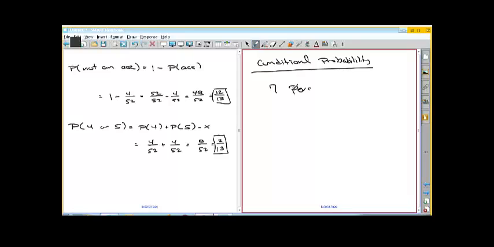Let's say we have 7 Persians, 3 Siamese, 2 short-haired, I don't even know if that's a breed, 5 tabbies.